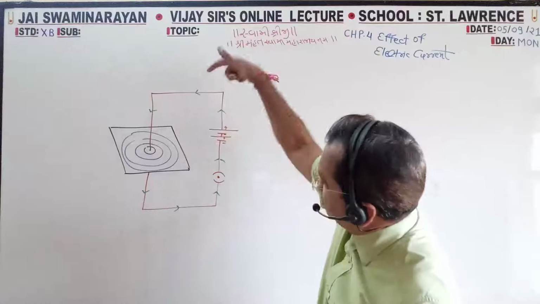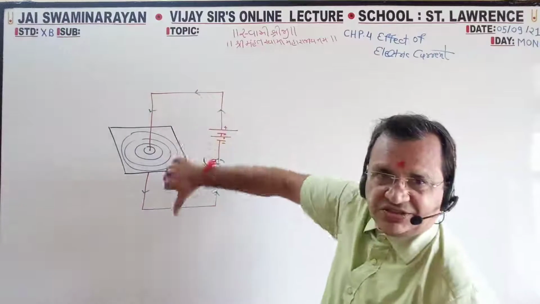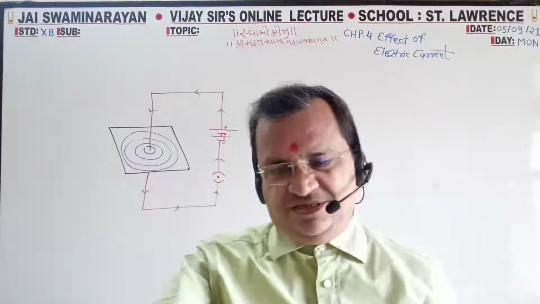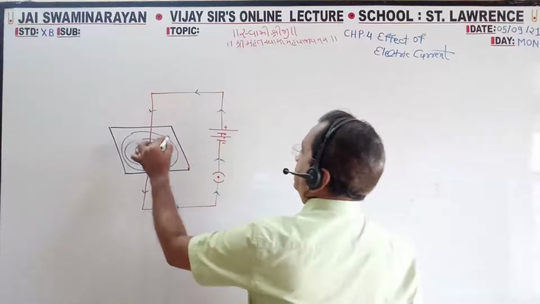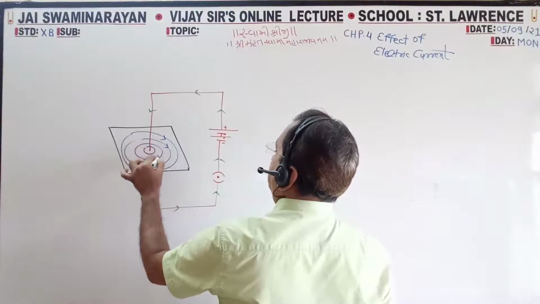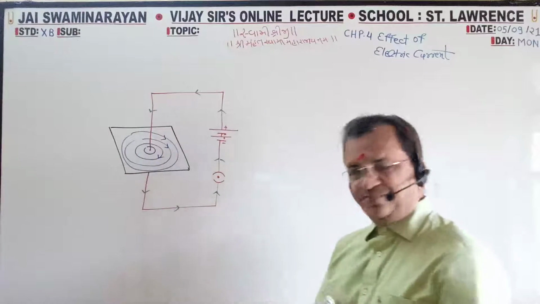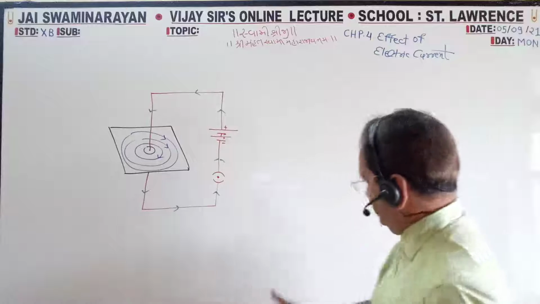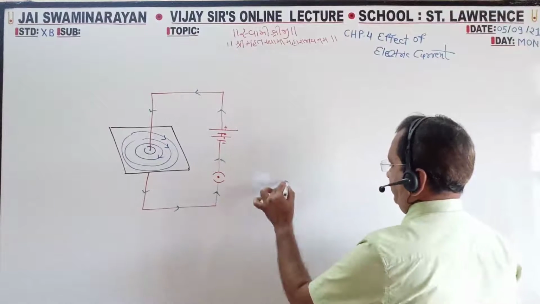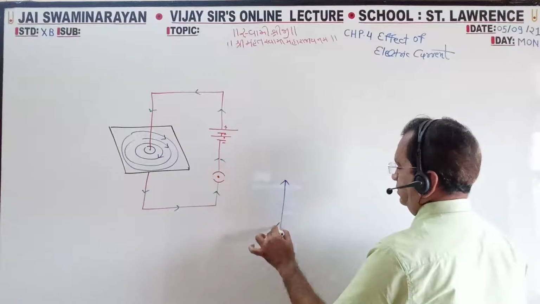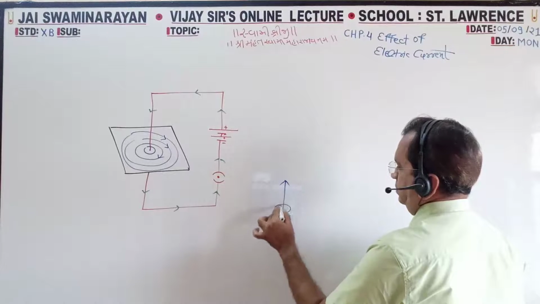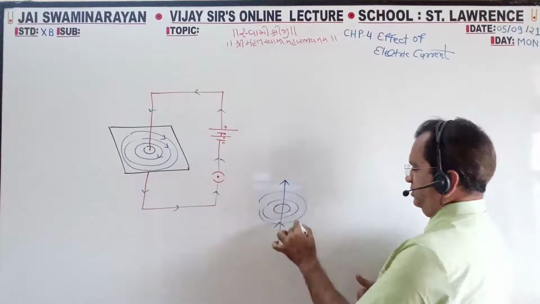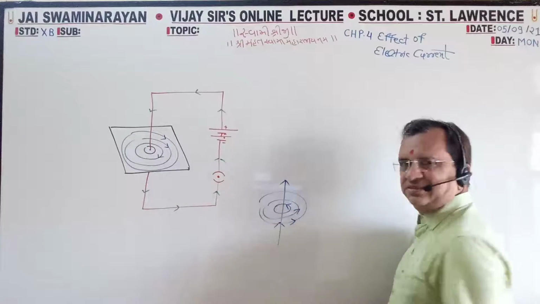So if the direction of electric current is down like this, it is clockwise. If the direction is up, it is anti-clockwise.